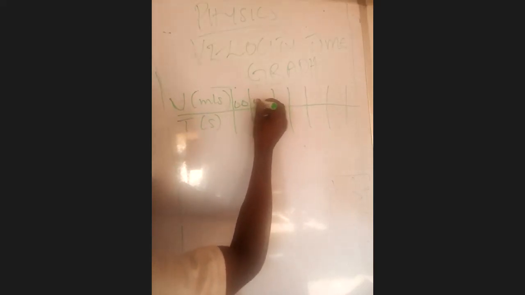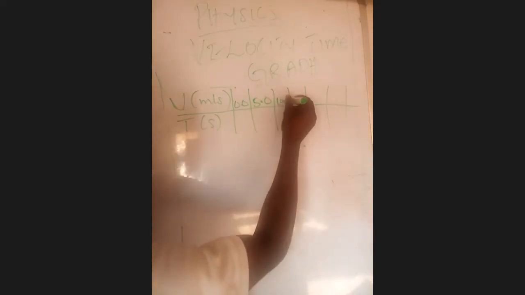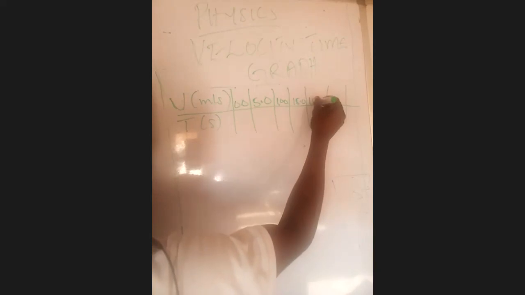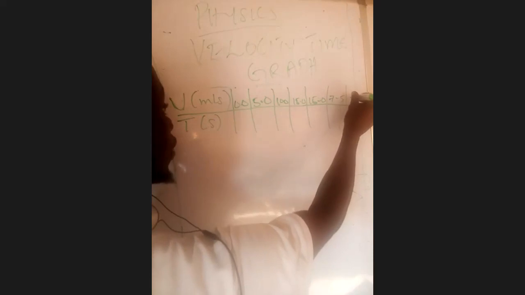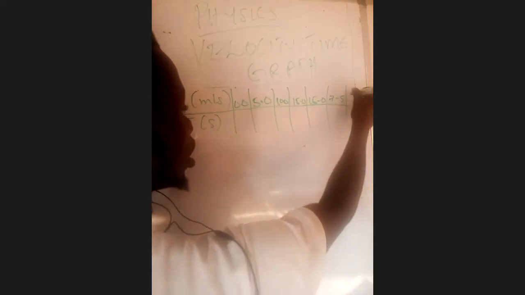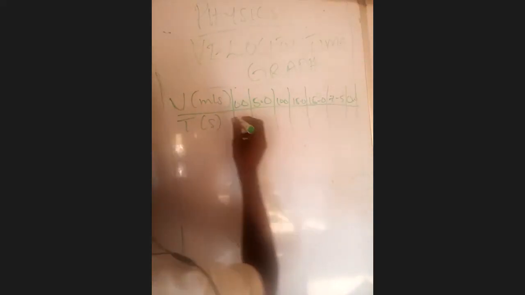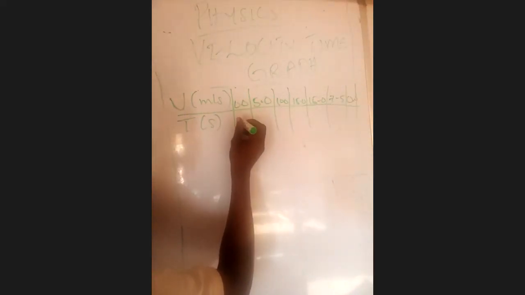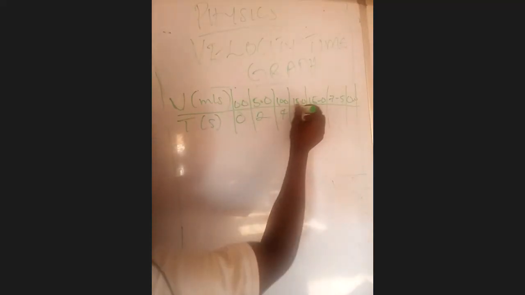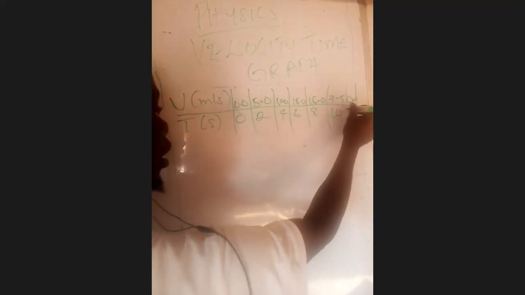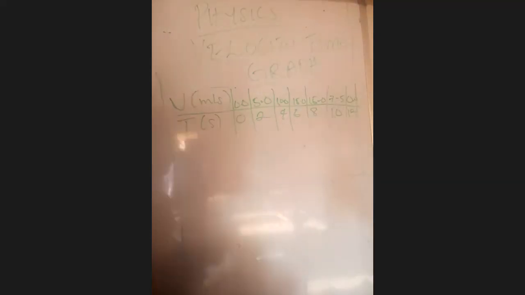Here now will be 5.0, 10.0, 15.0, 15.0, 7.5, and the body will finally come to rest here, 0.0. The time at the beginning of the journey of the object is 0. So 2, 4, 6, 8, 10, 12. Don't forget we are dealing with the time graph.